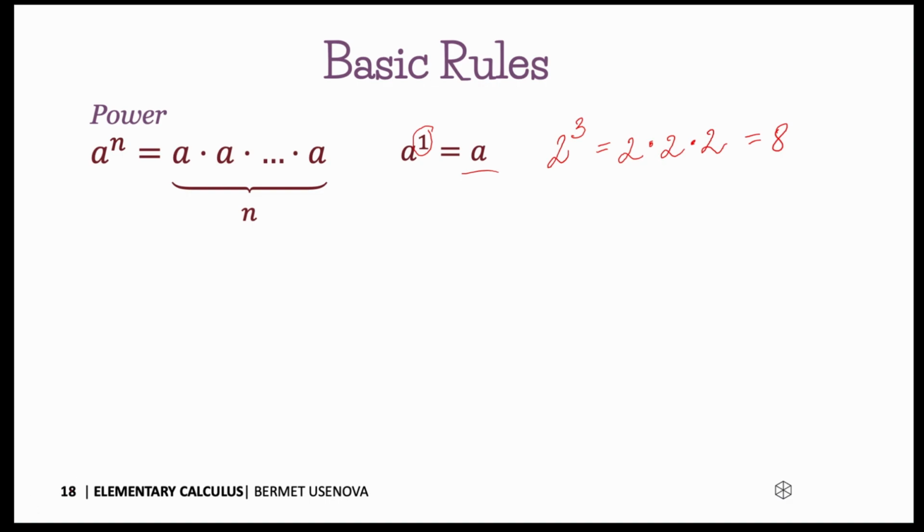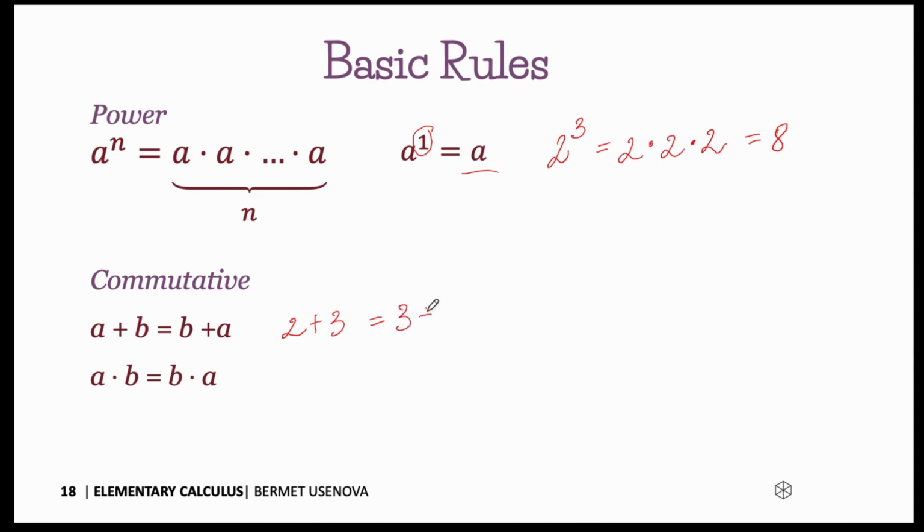Next important rule that we will cover is commutativity. The addition and multiplication of real numbers are commutative. What does it mean? It means that, for example, if we take 2 plus 3, it equals 3 plus 2. Or if we take 2 multiplied by 3, it equals 3 multiplied by 2.